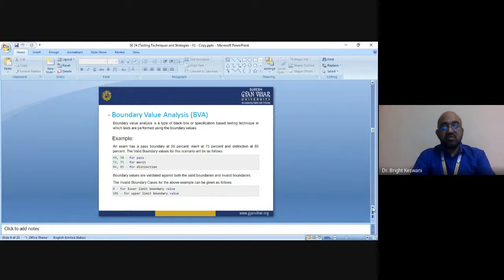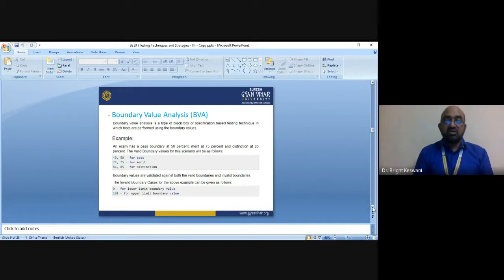So you should define and assume the boundary of values, and this testing technique is called boundary value analysis.